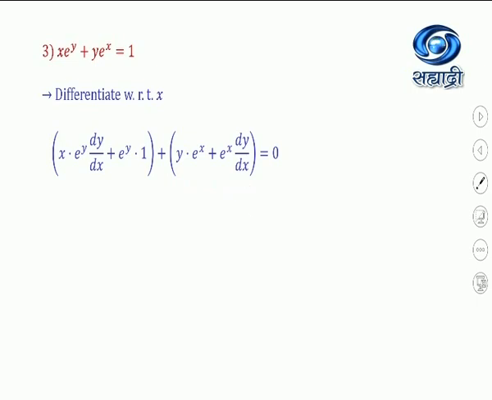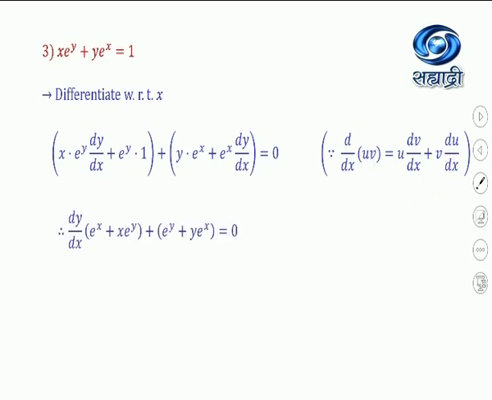Now plus the derivative of the second term: first term y into the derivative of the second term, that is e raised to x, plus e raised to x into the derivative of y, that is dy/dx. Again here we use the product rule: d/dx of u into v is u into dv/dx plus v into du/dx, u being the first function, v the second function.